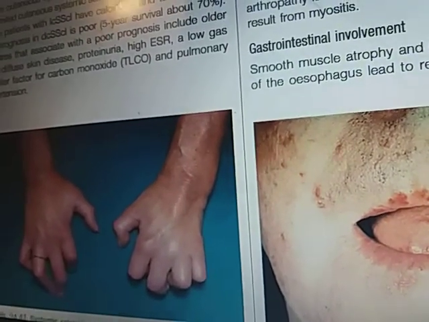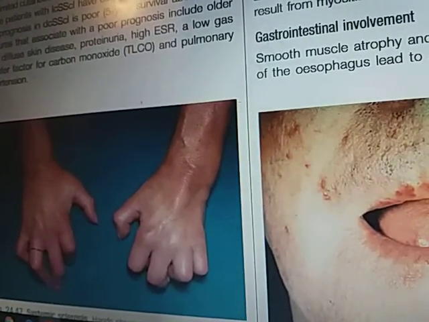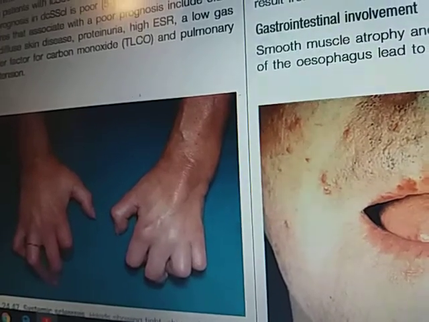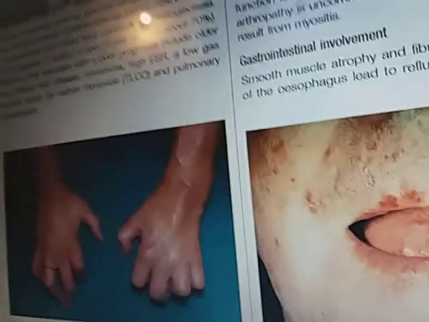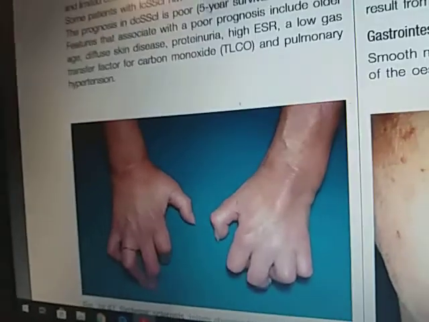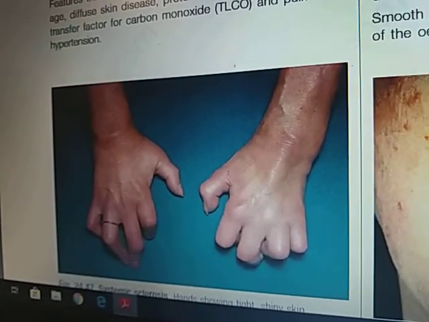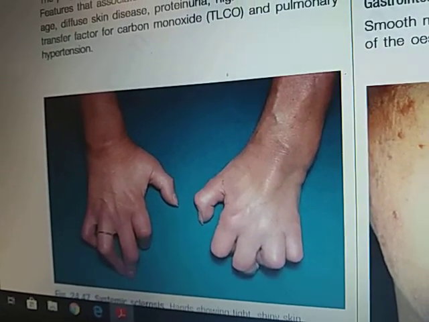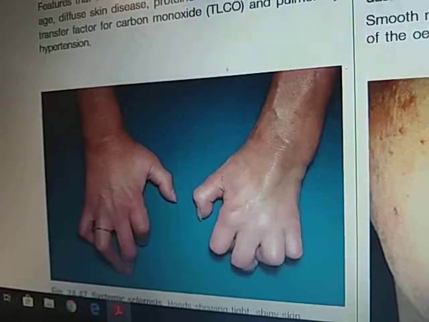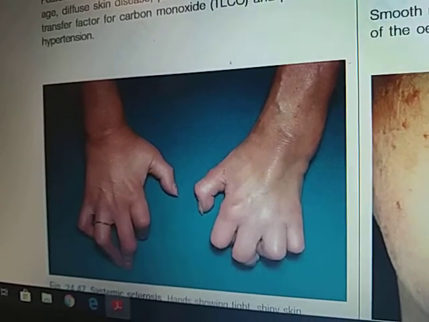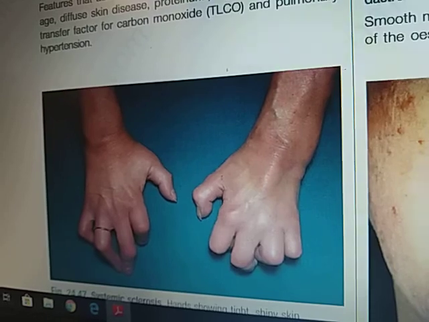X-ray may show soft tissue calcification. Chest X-ray: one may have pulmonary fibrosis, which may lead to pulmonary hypertension.